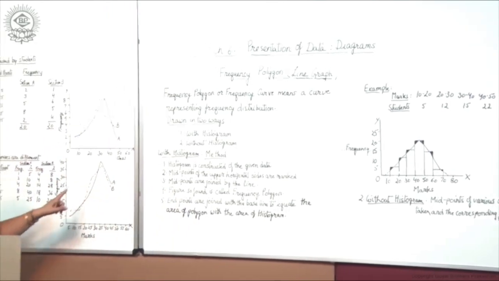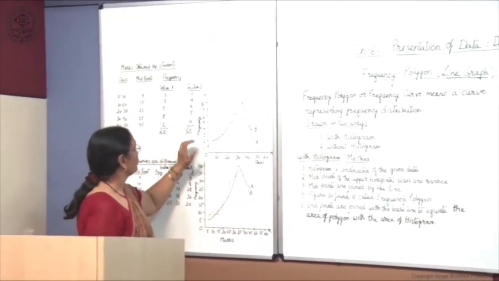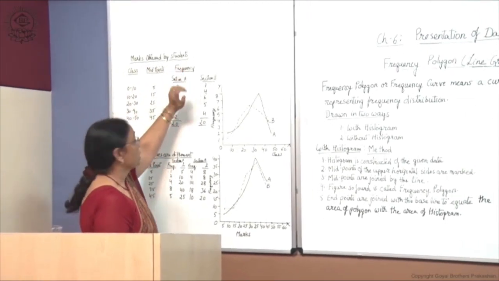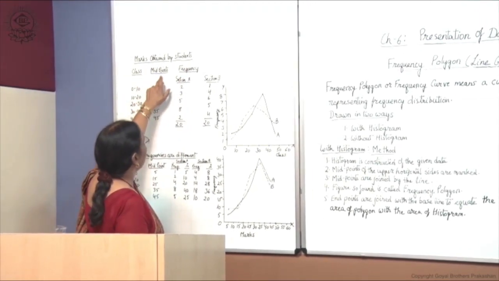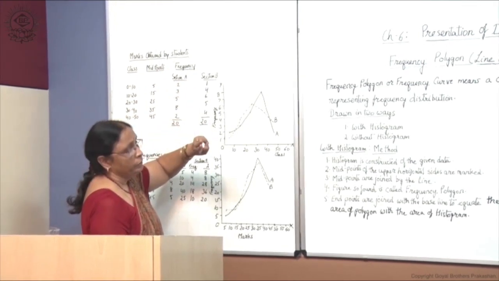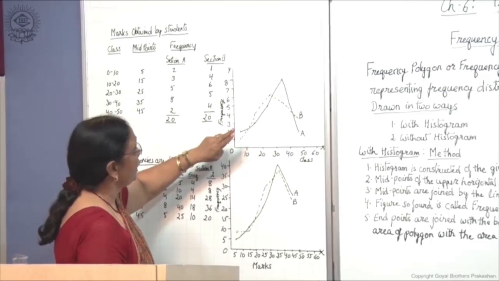Now let us take this example here. Marks obtained by students, class, midpoints and frequency. Now as I told you, we are drawing two frequency curves on the same diagram.